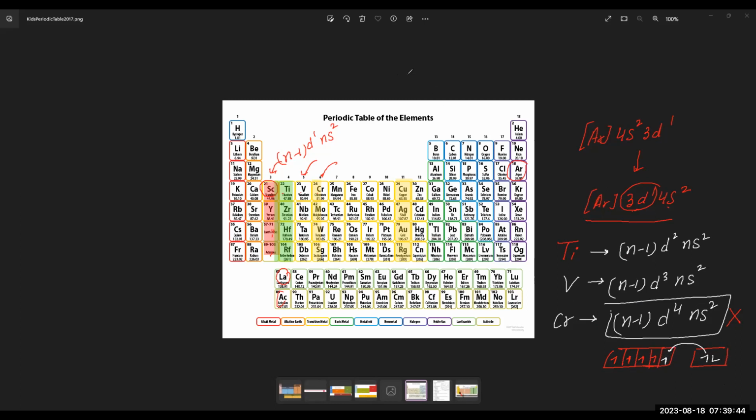And then what's the configuration? It's stable. It's exactly half filled. To get exactly half filled, you can jump only one electron. Don't expect that I can jump here also. No, you cannot, because jumping of an electron from one subshell to another subshell is not free.